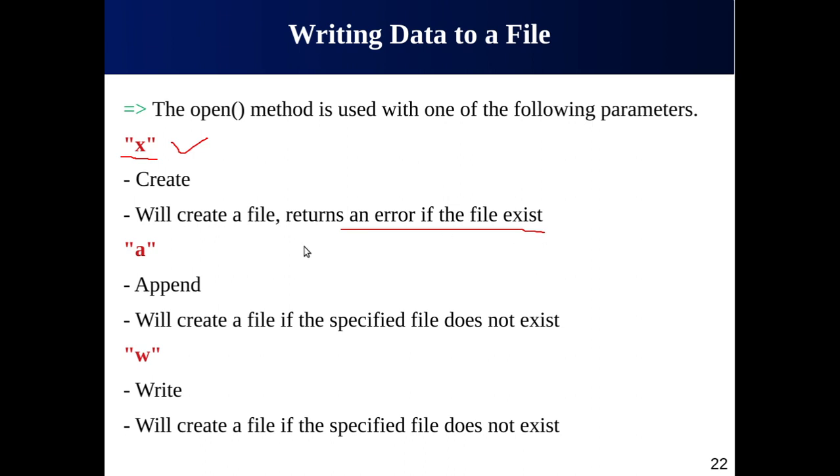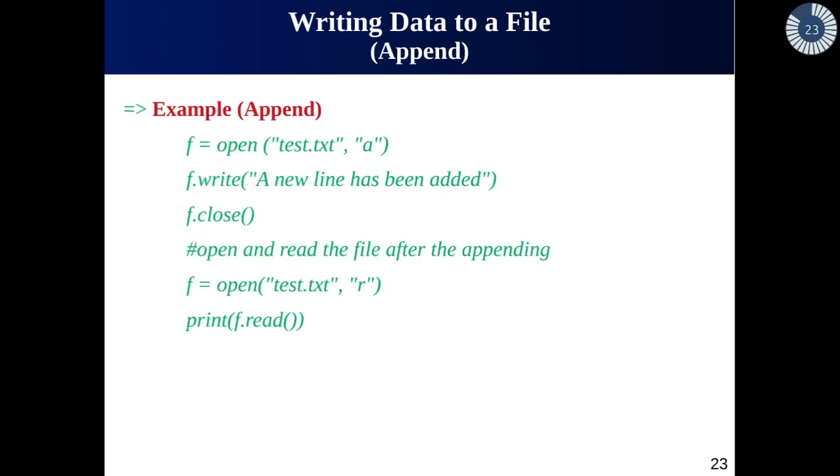If you want to append something to an existing file, then you have to provide A. And if you want to write something to the file at any location, then you have to write W. These are different modes which are available for writing data to the file. And here is an example which shows how we can append something to a file that already exists.